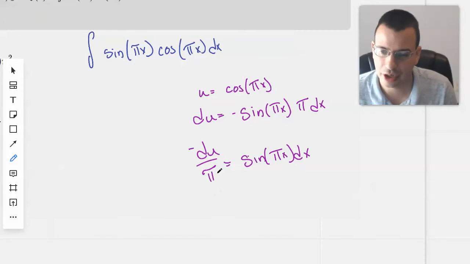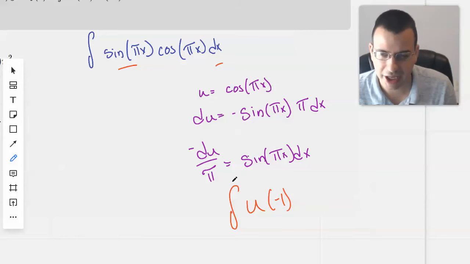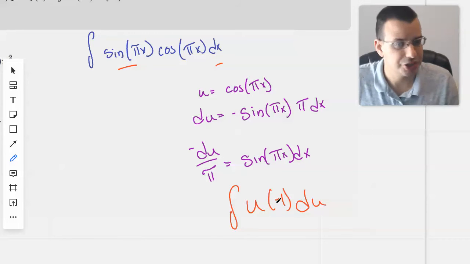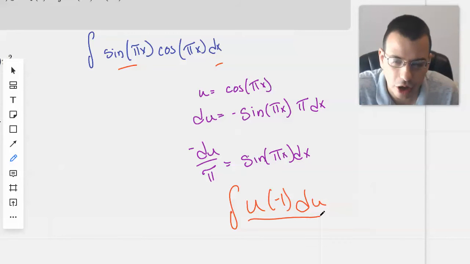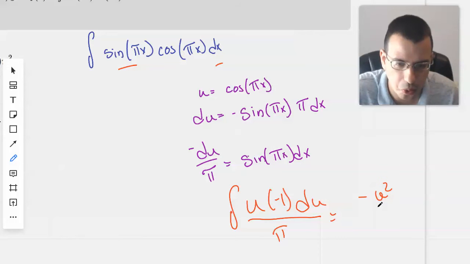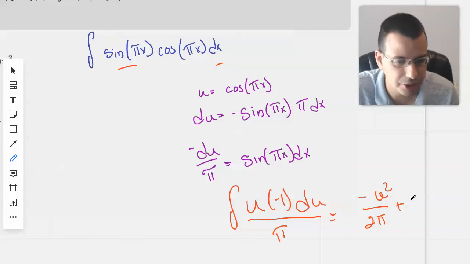We get something along the lines of the integral of u, then sine of pi x dx, I'll write the negative as -1. That way it's just easier to see that it's not a subtraction. All over pi, which gives us negative u squared over 2 pi. Yep, and then plus c.